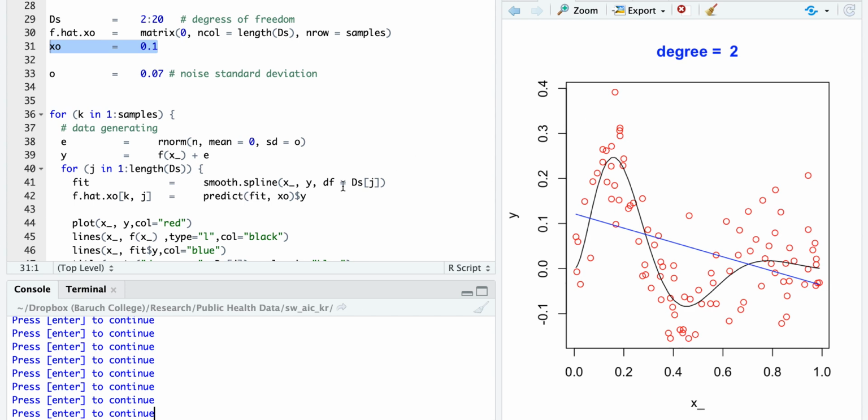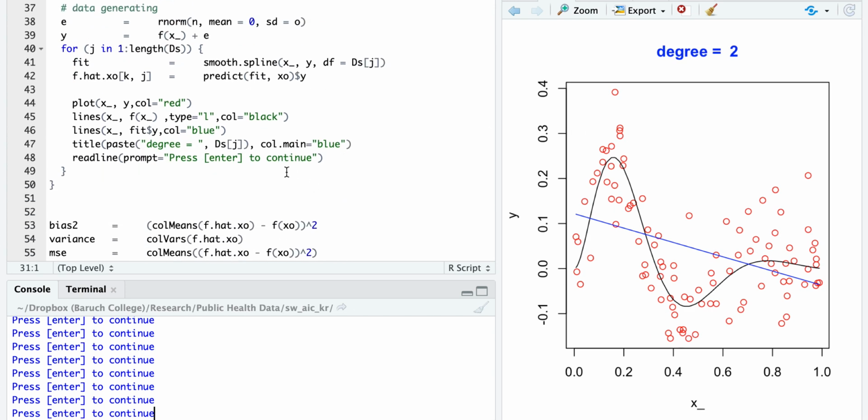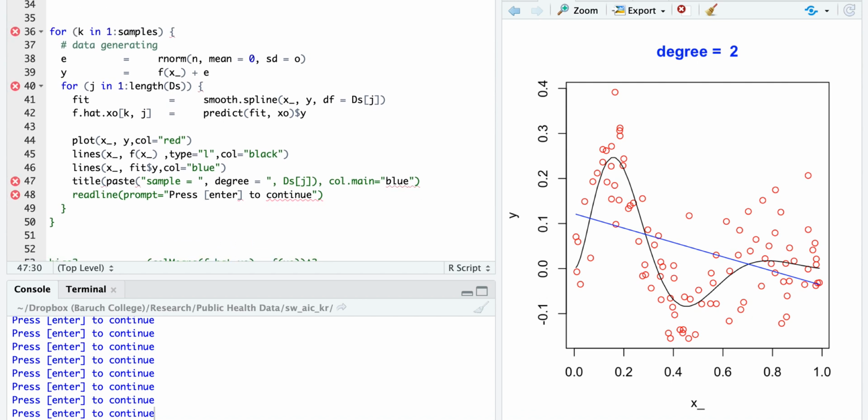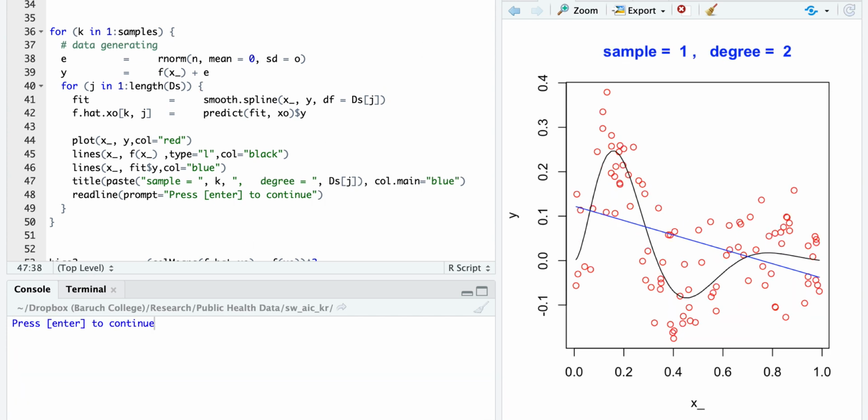And then we go to degree 2. So maybe actually what I can do is something else. This again.